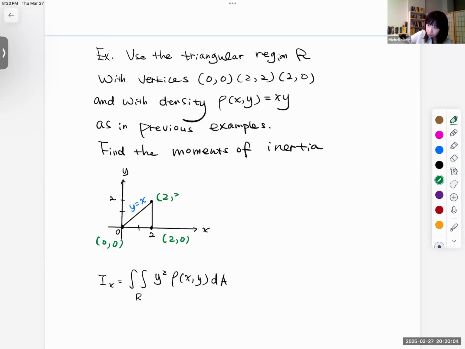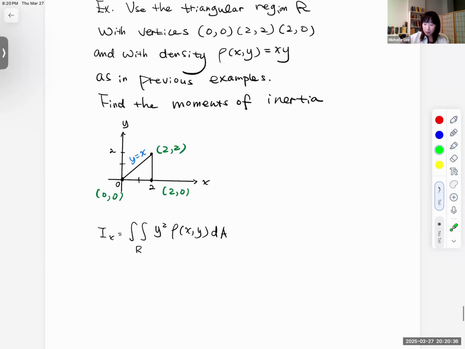This is 2, 2. If I draw a triangle there, then we can see that this is y equals x, from the y-intercept, rise over run, right? So it's x.